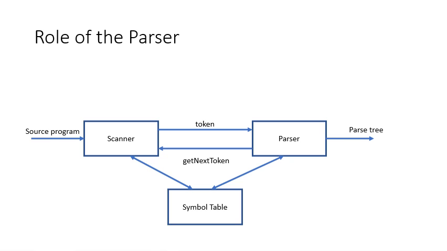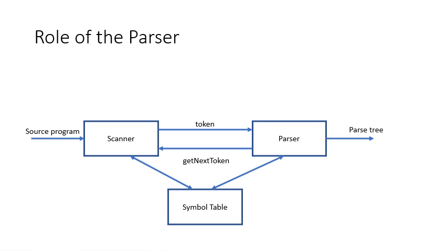What the parser will do is take the string of tokens given by the scanner and try to fit it into the structure of the syntax of the language. It will check whether the tokens together form a correct sentence of that language or not. And how does the parser know what is the correct structure?